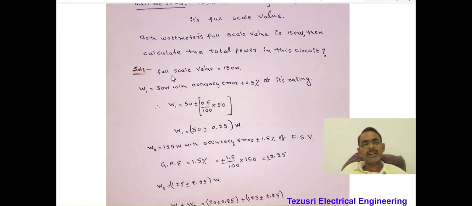In the above example, given full scale value is 150 watts. Wattmeter 1 reads 50 watts with accuracy error of plus or minus 0.5% of its reading. That means 50 plus or minus 0.5% with respect to the true value 50 watts, so we get 50 plus or minus 0.25 watts.